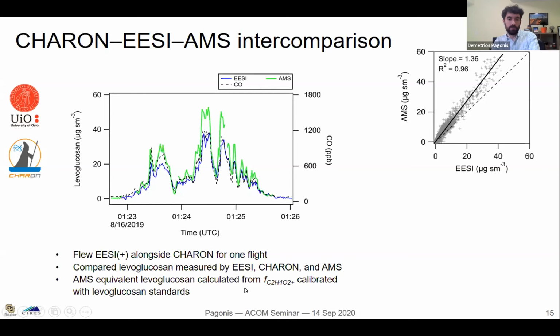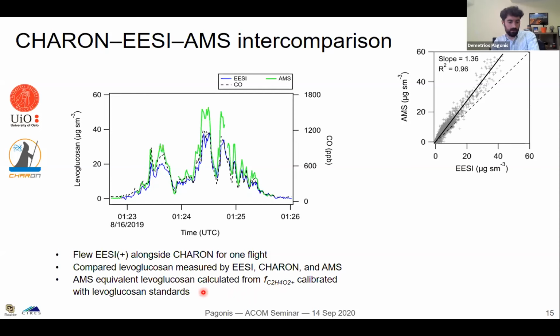And in green, I'm showing what's called AMS equivalent levoglucosan. So this is taking that marker at mass to charge 60, just here written out as the high resolution form of that marker, where we assume that all of this signal came from levoglucosan, and we calibrate that with the levoglucosan standards that we were running all through FIREX.